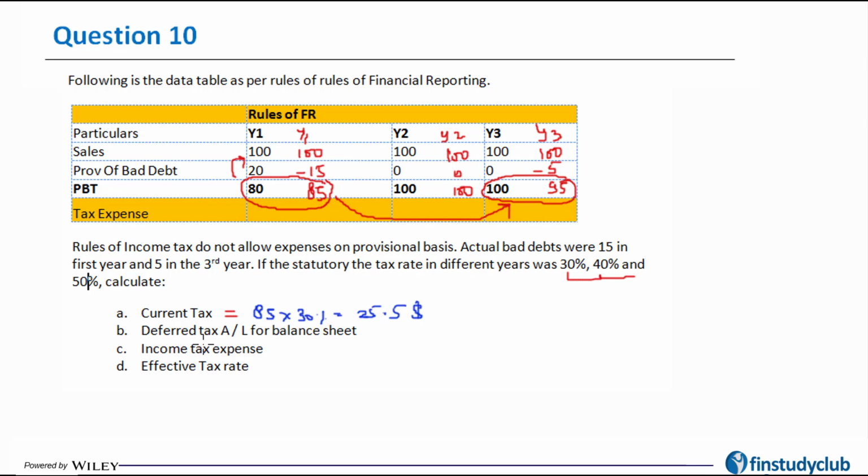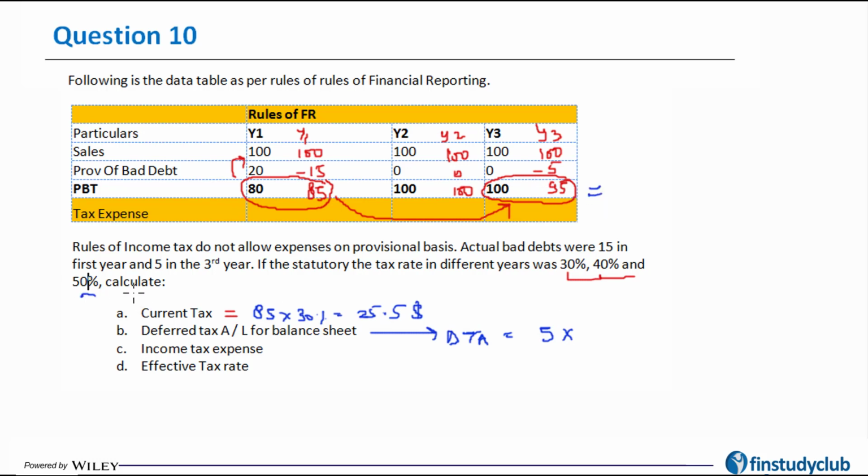My second answer here is to calculate the deferred tax asset or liability for the balance sheet. So let's first evaluate whether it's going to be an asset or a liability. Well, right now I am being asked to pay tax at a lower income, whereas I am being taxed at a higher value. So that means I have to pay more. Whenever you have to pay more, you get into the scenario of a deferred tax asset, which gives you the value to be equal to the timing difference of $5 multiplied by the tax rate of the year of reversal.